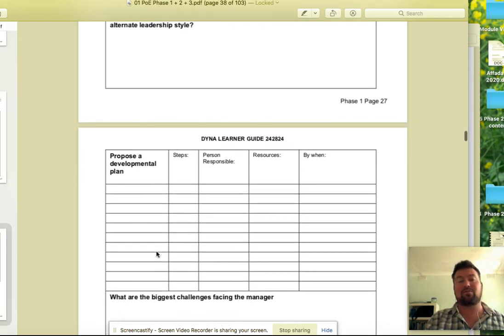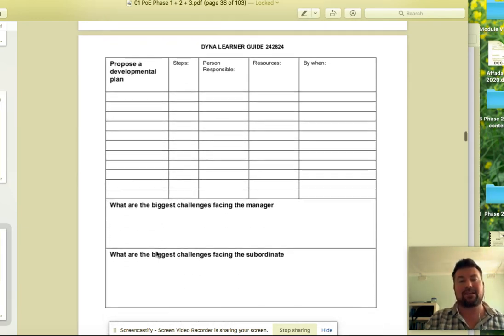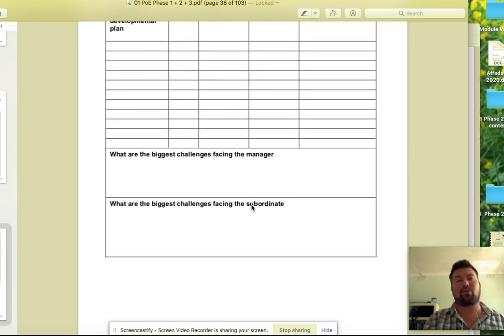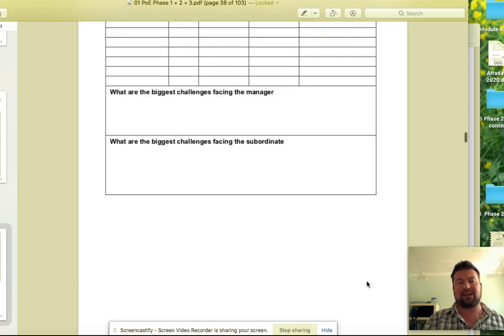And that is where you would put the developmental plan. Then, what is the biggest challenge facing you as the manager in order to get them to do that task? You tell me here. And then, what is the biggest challenge for the person who is going to take over the task? What do you see them being challenged with? And you're going to put that in here.